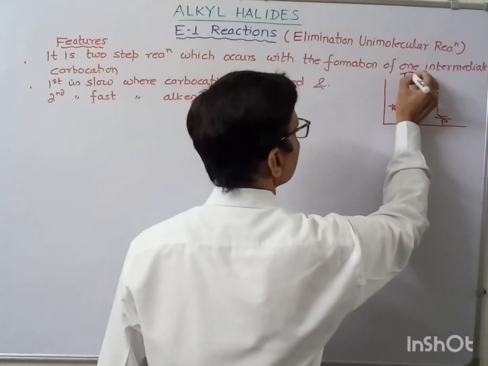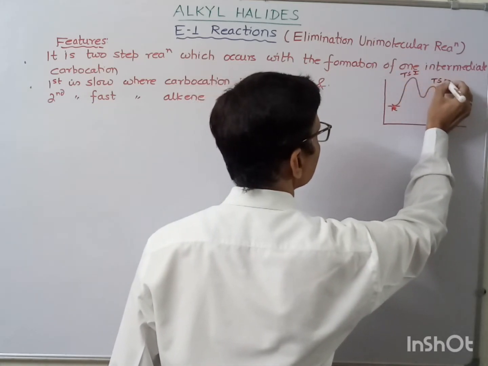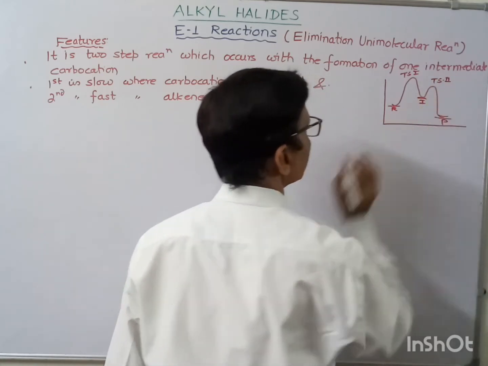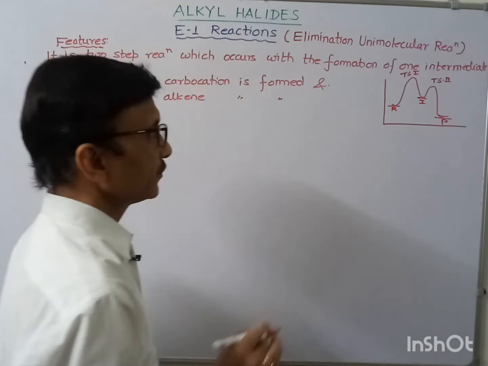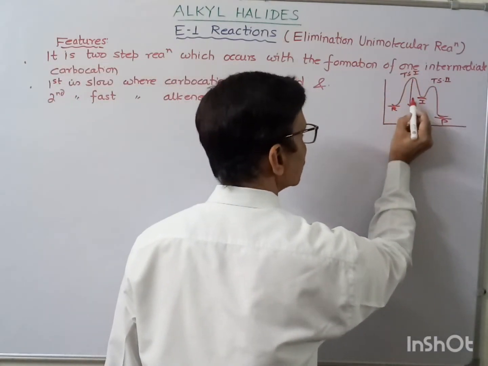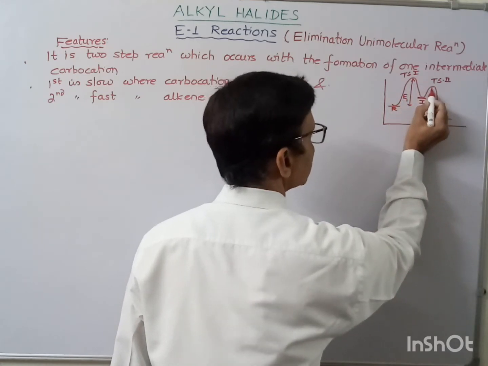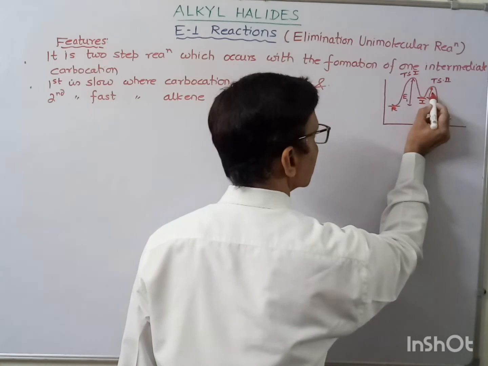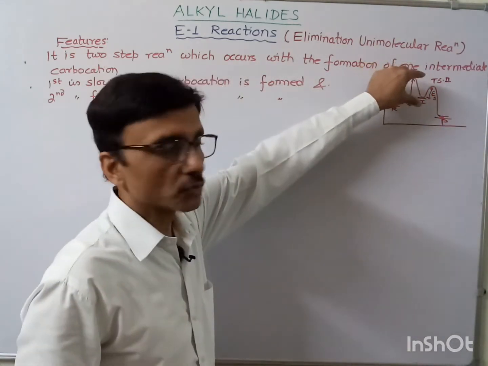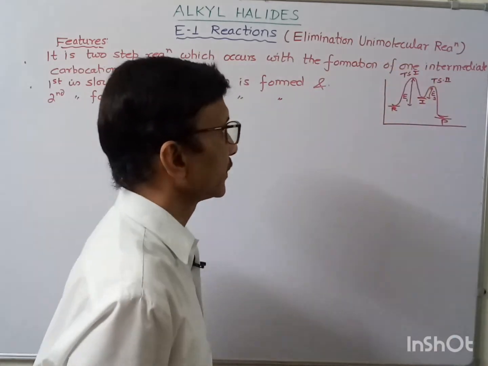So this is our transition state 1, and here this is transition state 2 which is formed, and this is our intermediate. So if you see this first step, the activation energy for this first step is higher, whereas activation energy for this second step is lower.